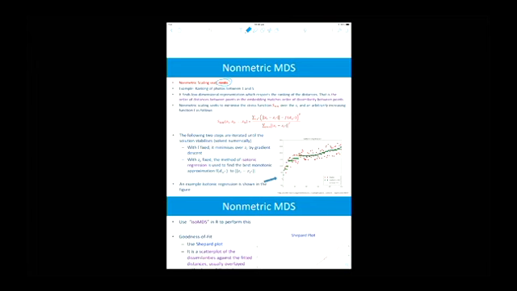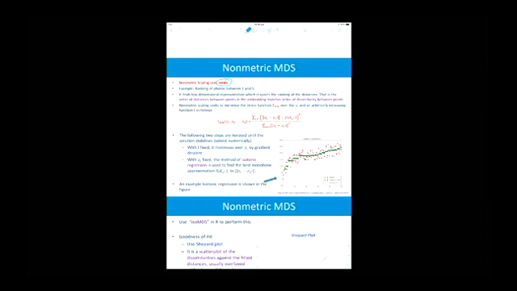It takes rank data, with ranks like 1, 2, 3, 4, 5, 6. Again, it tries to find the points in the lower dimension that approximate the relative distances in the higher dimension, or in this case, approximate the exact ranking in the higher dimensional space.